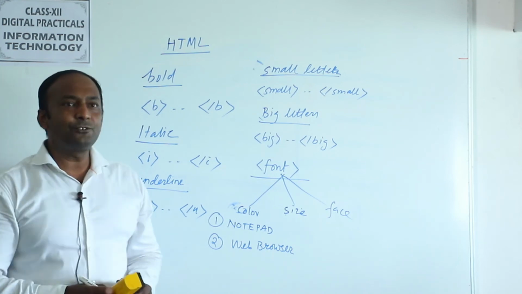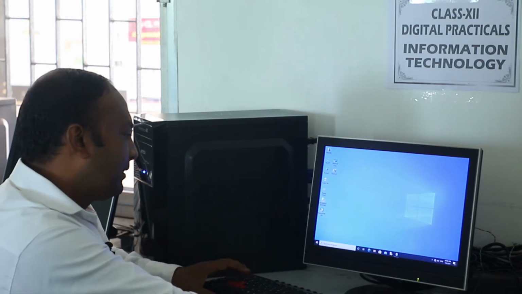So let us start with the practical. Dear students, our first experiment is how to demonstrate different types of basic and commonly used HTML commands. So to write down the HTML commands, let us first start with notepad.